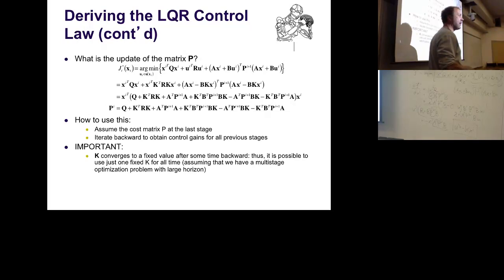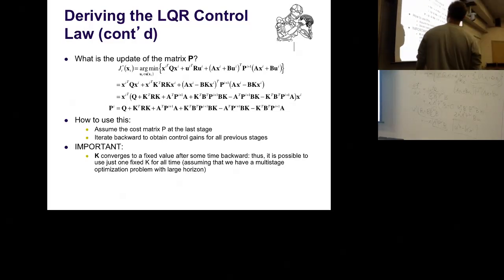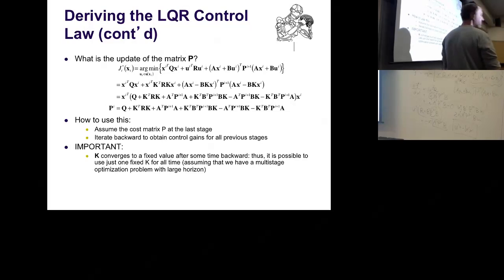And now you have the recursion how to compute Pi given your knowledge of Pi plus 1, which is very nice. So if you start at the goal and compute trivially Pi plus 1, you can compute the next Pi based on your knowledge of the gains K, the system model and the cost function. So, fine. That's essentially our solution to this entire problem.